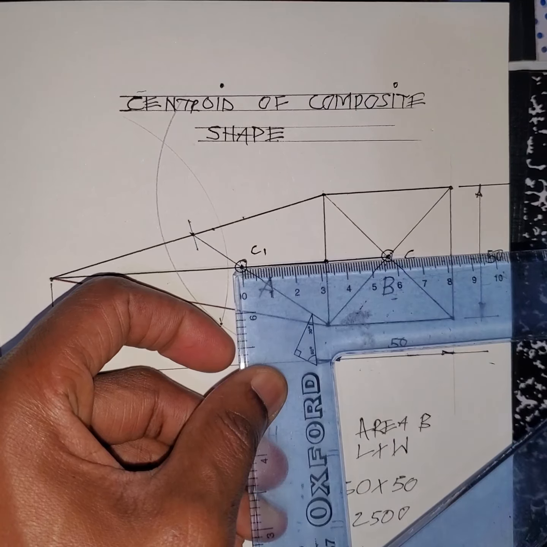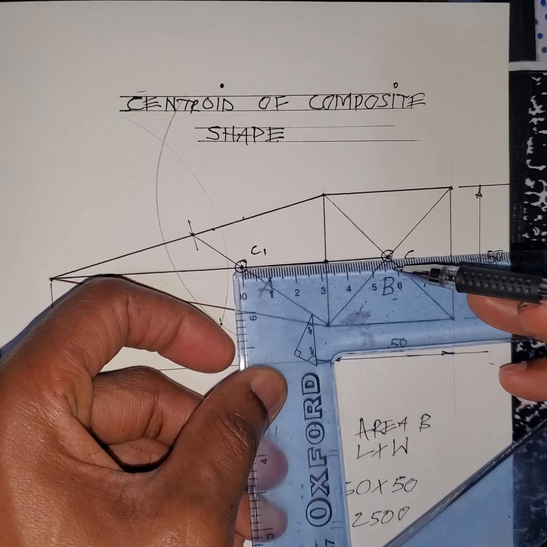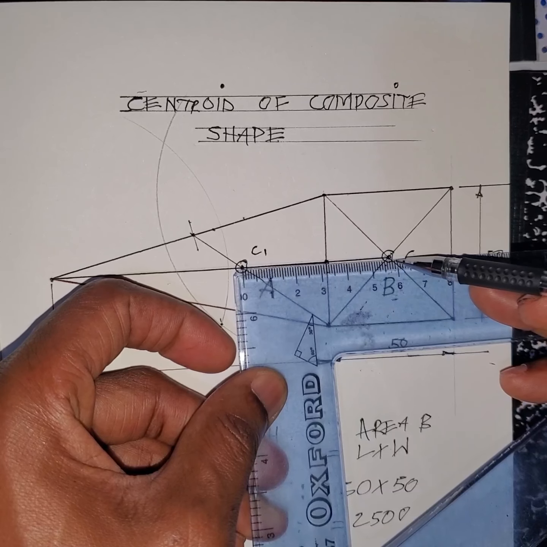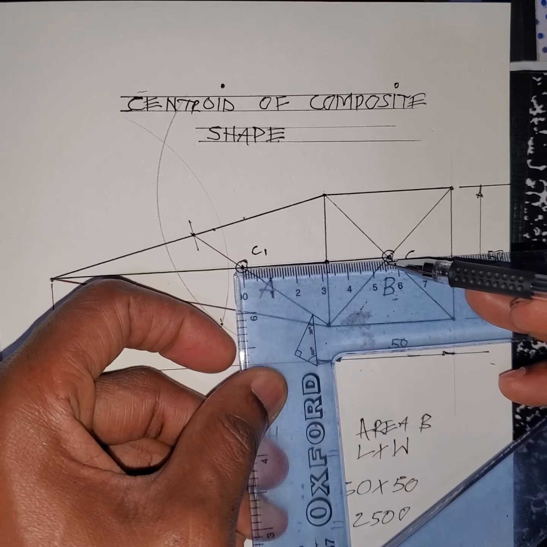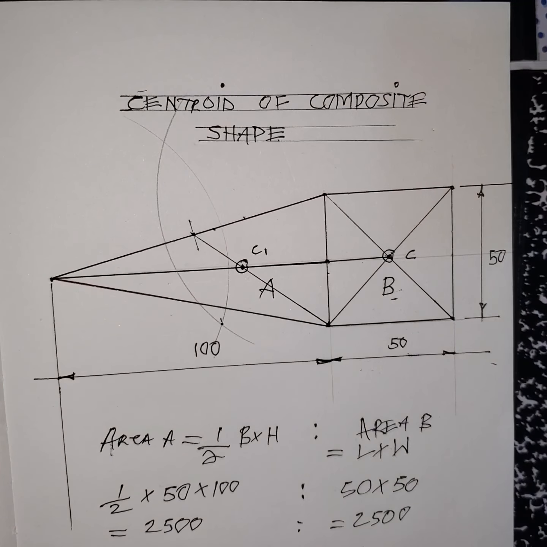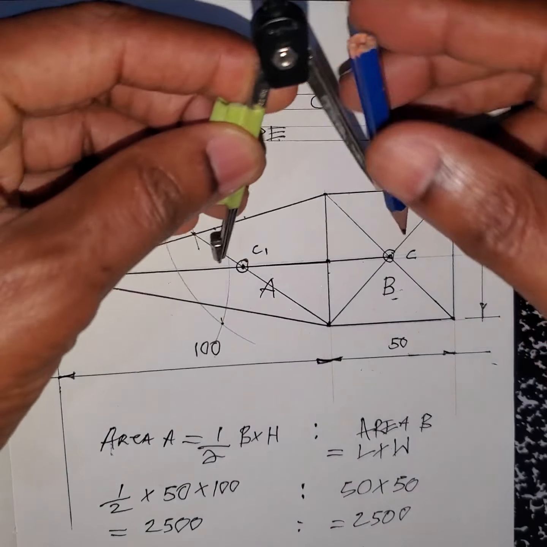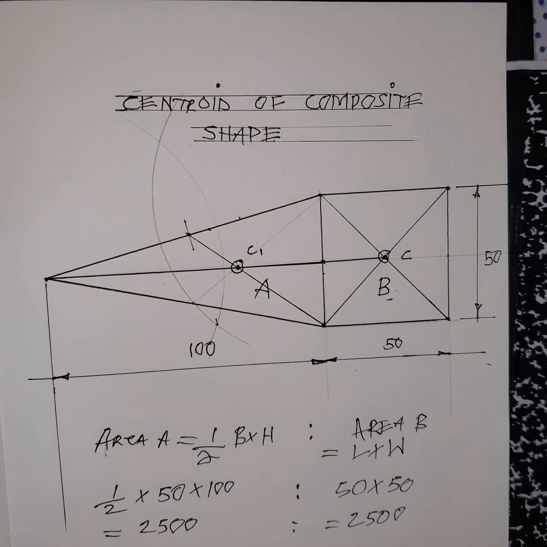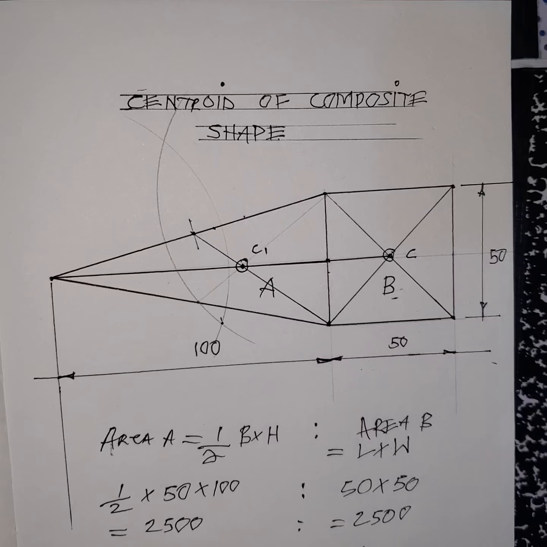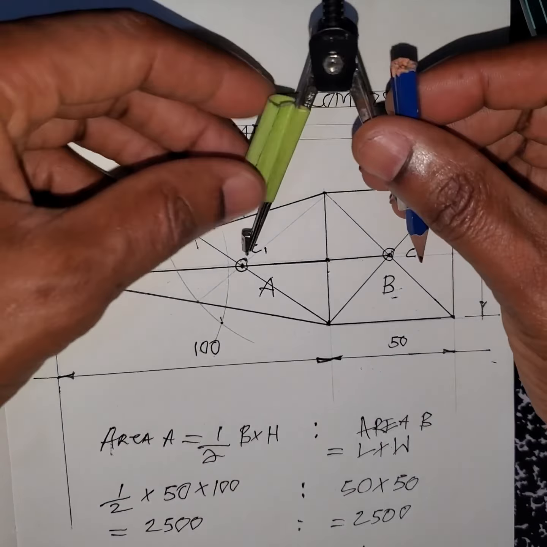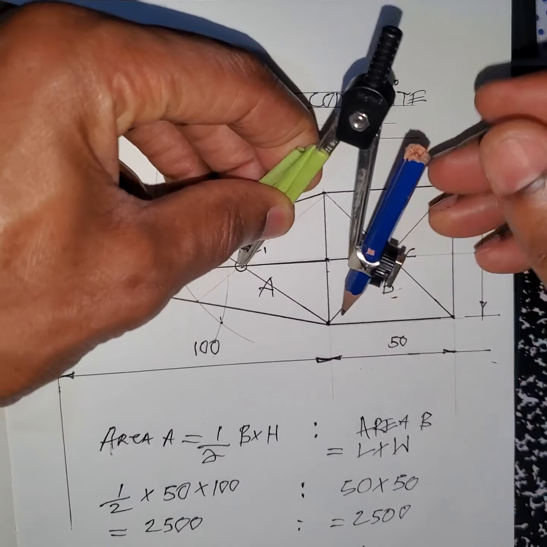So let us measure this distance. This is 57. Or what I could do, the best thing would be to bisect that distance. So I'm going to use my compass to bisect between center 1 and center 2. I open my compass a little bit more than half.